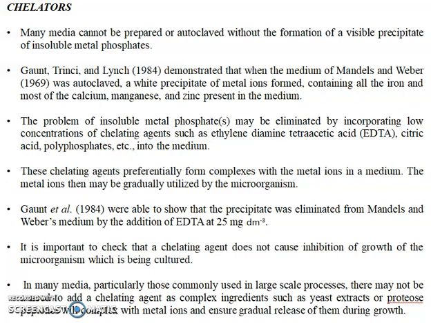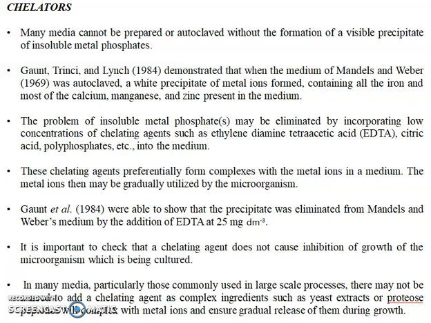The problem of insoluble metal phosphate may be eliminated by incorporating a lower concentration of chelating agents such as EDTA, ethylenediaminetetraacetic acid, then citric acid, polyphosphate, etc., which can be added as chelating agents to prevent the precipitate, as I already said.